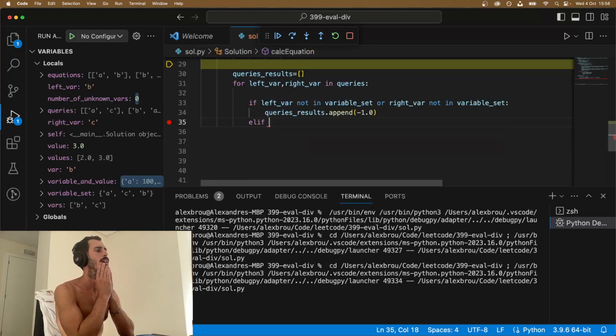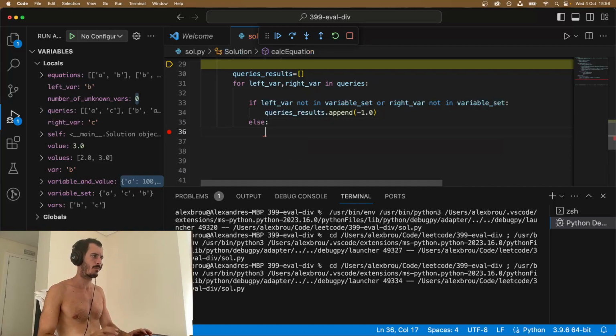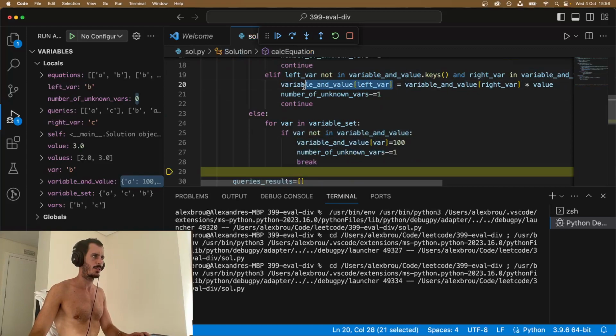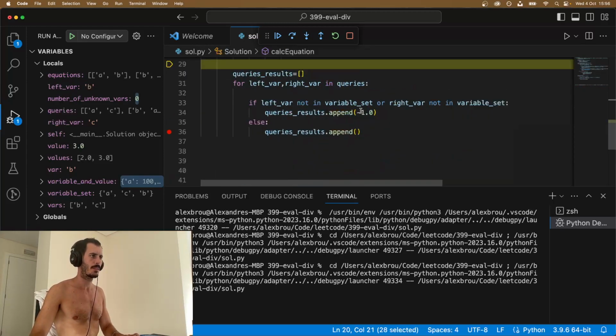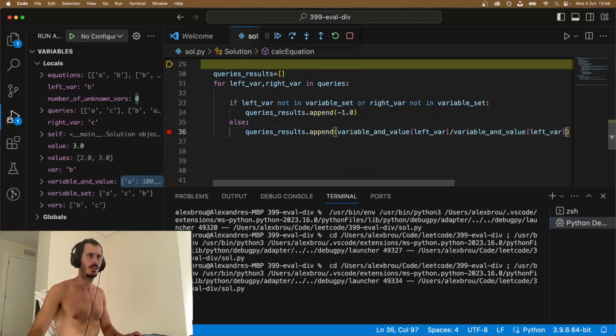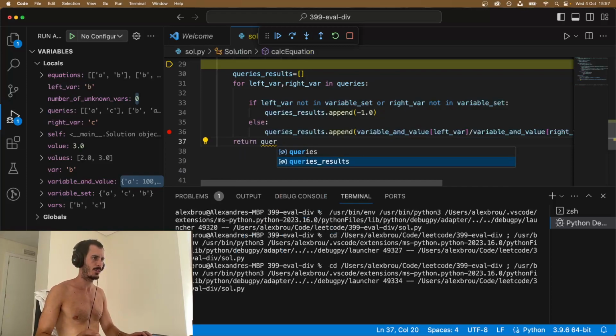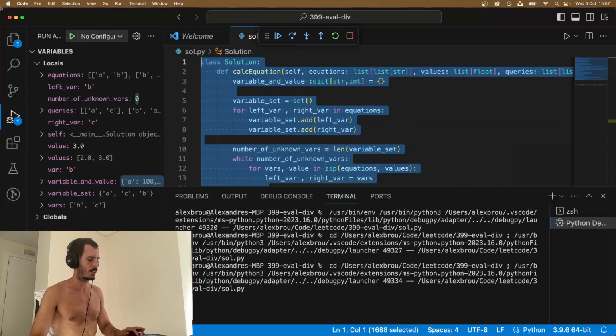else. I can just say query results dot append variables and values of left var over right var, and now in the end I just return query results.